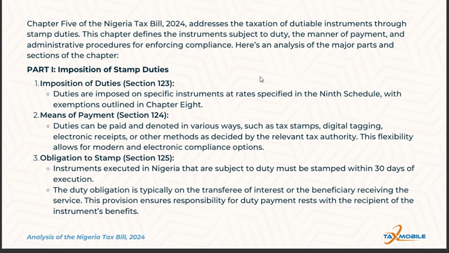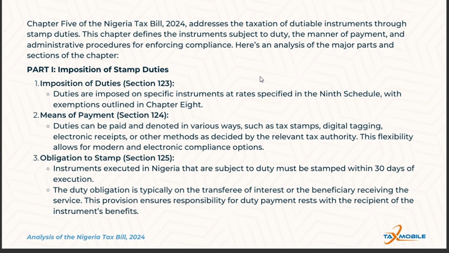Exemptions: certain instruments as detailed in Chapter 8 are exempt from stamp duties to avoid overburdening taxpayers and to encourage specific economic activities. Now let's look at examples of chargeable instruments: bill of exchange, promissory notes, property leases, company share capital instruments, and marketable securities.